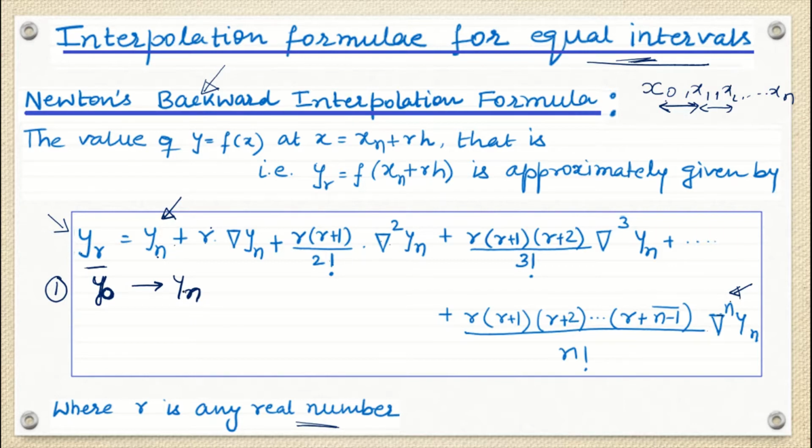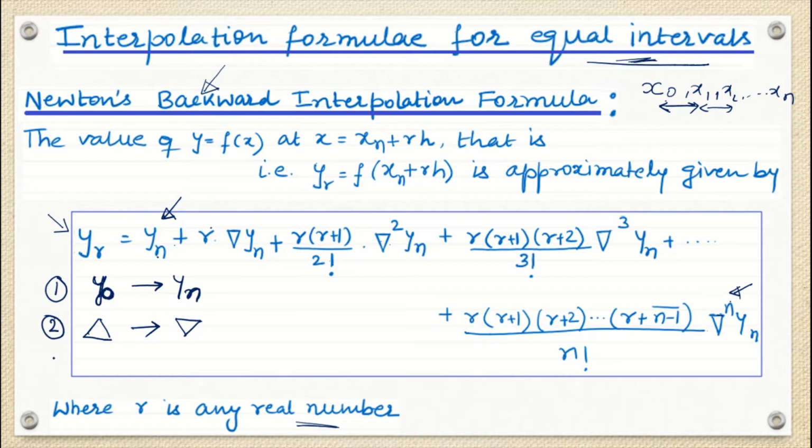The second change: in the forward formula we wrote the upside triangle to denote forward difference. In the backward interpolation formula, don't forget to write the downside triangle, which represents backward difference.